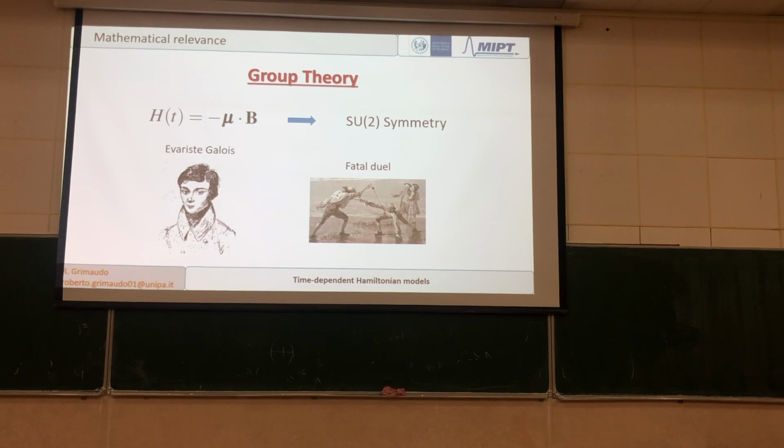Also in this case, we can consider an n-level system with an SU(3) symmetry, and we can reduce the problem to the 3-dimensional case, which is the simplest representation of the SU(3) group. So it is a mathematical property stemming from group theory. Depending on the symmetry of your group, you can reduce to the simplest representation of your group, which for SU(2) is the 2-dimensional one. So an n-level system can be considered using just 2 parameters.